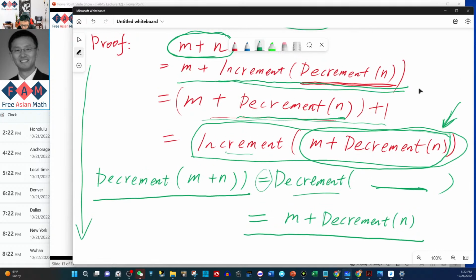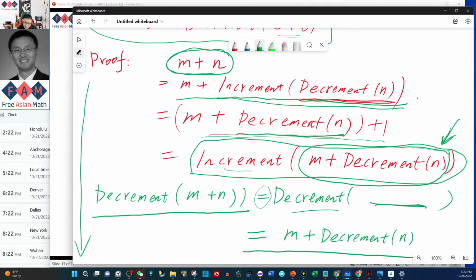Let's just review what we just did. So n plus n equals this guy, because we have already shown that if you do decrement and increment on n, you go back to n. That's the same thing. Therefore, this is true. And from here to here, why is this true? This is just the very definition of addition. When you add a natural number, add 5, add 6, add 7, it's just repeatedly adding 1.